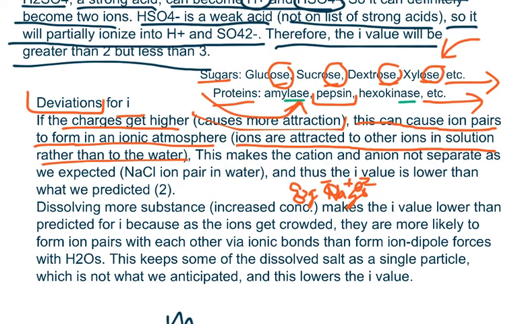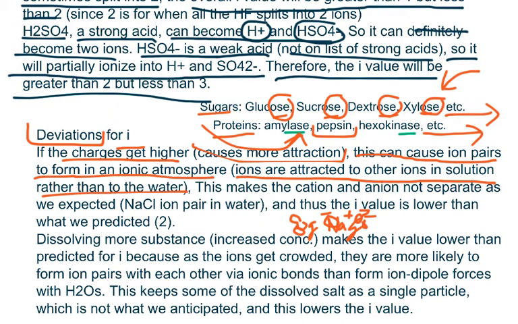But sometimes in solution, especially when the charges are high enough, ion pairs can form, where something like Na+ and Cl- can be bonded ionically in a way even though it's dissolved in solution. So in other words, it's as if it never dissolved in the first place.